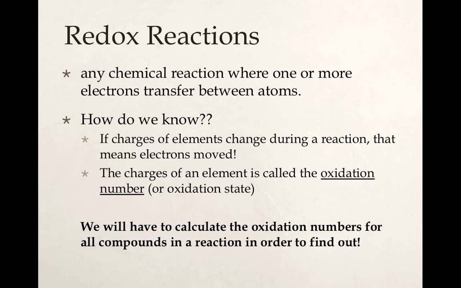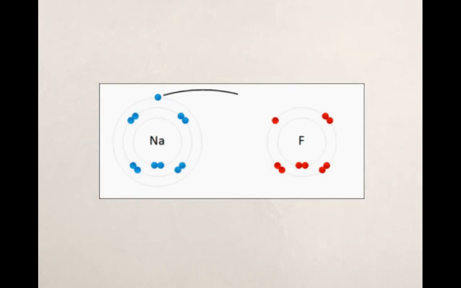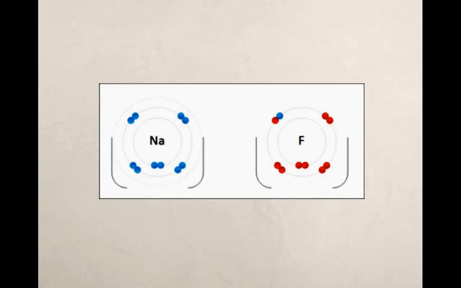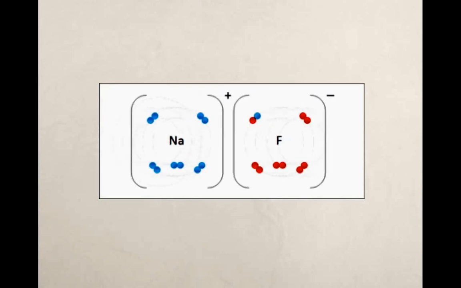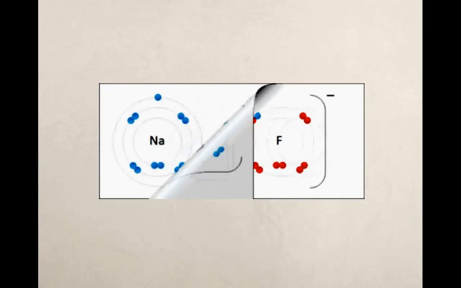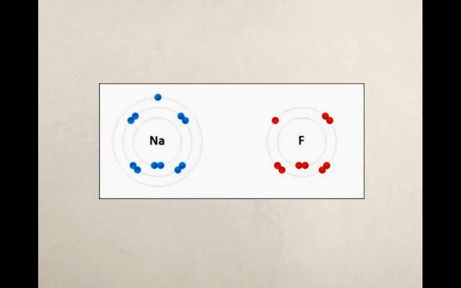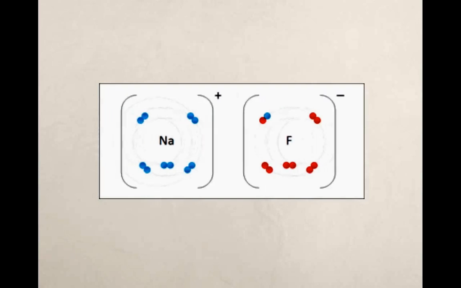So let's take a look at how to calculate those oxidation numbers, how to calculate the charge for any compound. Here's a little diagram of what's going on in a redox reaction. First, you have a sodium and a fluorine atom, neutral. Remember, the fluorine steals sodium's electron, and that makes both of them charged.